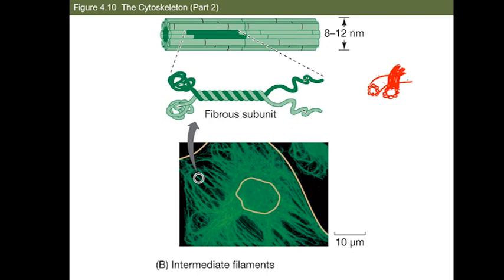So there's multiple ones there. There's 2 types wrapped around each other, and they're each made of smaller subunits.